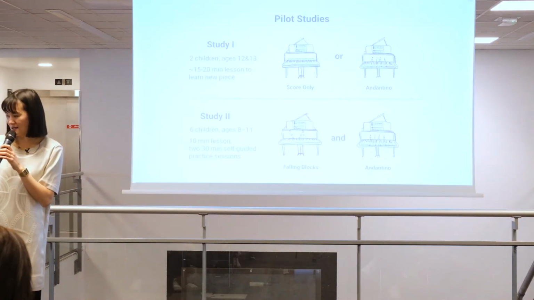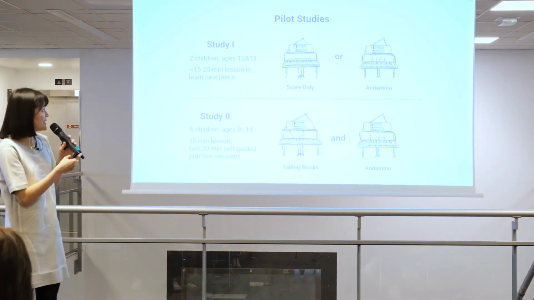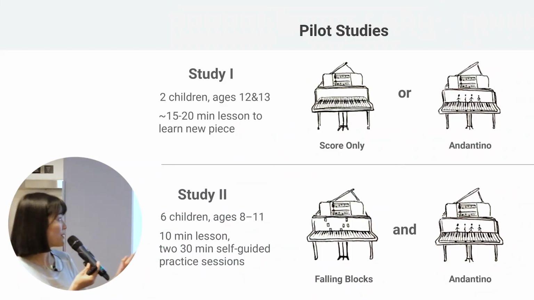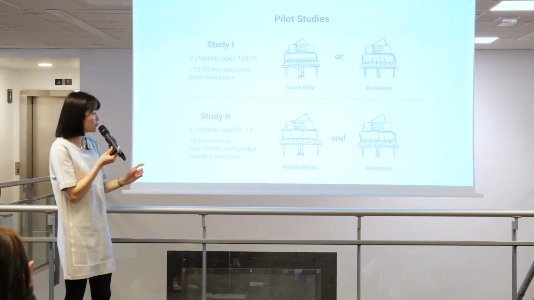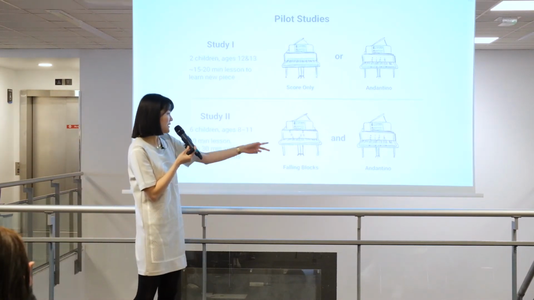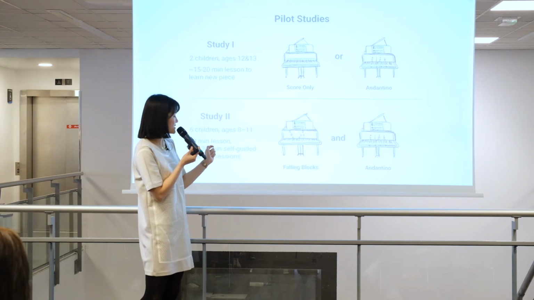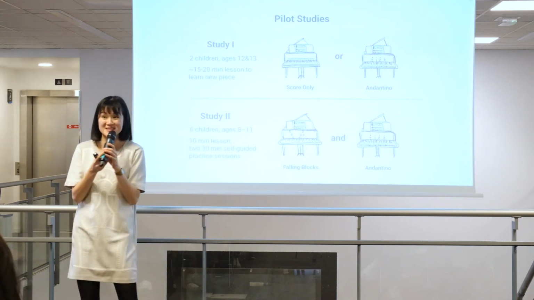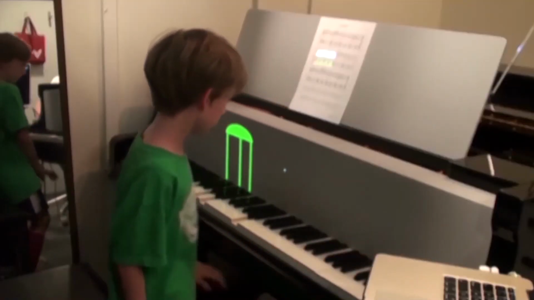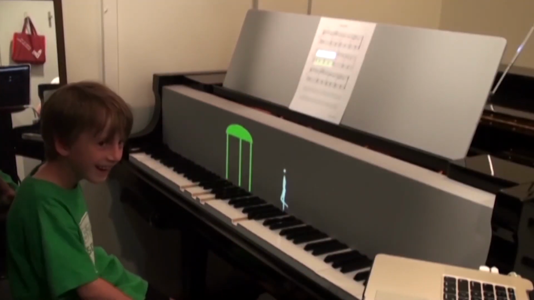And then we did a couple of studies where we compared showing only the score versus having the figures, and then another one where we compared two interactive representations: one is the traditional falling blocks, and one with the figures. And I just want to show a few videos of interactions with kids.